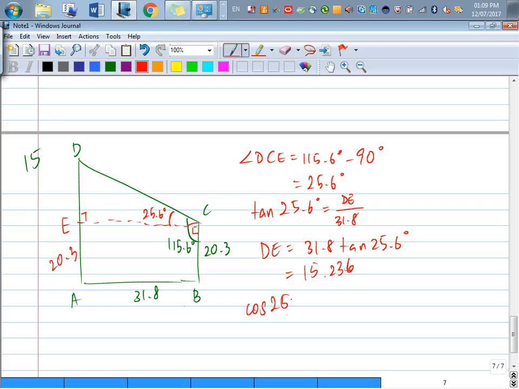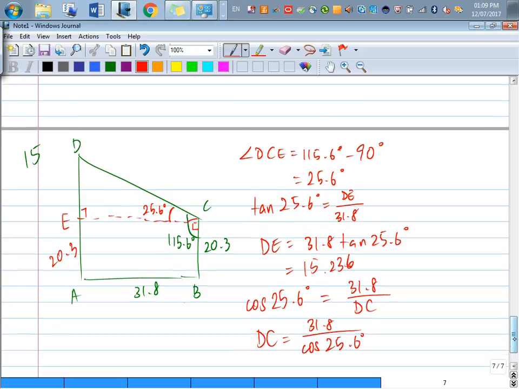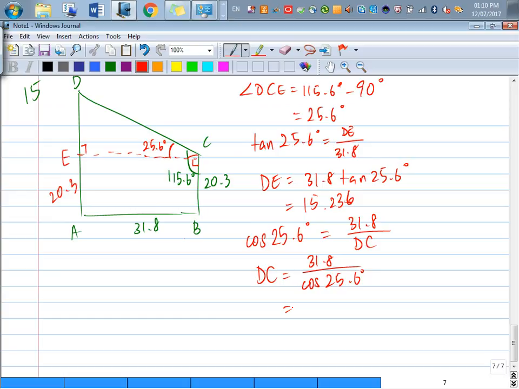Cosine 25.6 degrees equals to adjacent, which is 31.8 over DC. So DC is equals to 31.8 over cosine 25.6 degrees. Work this out to get 35.261.